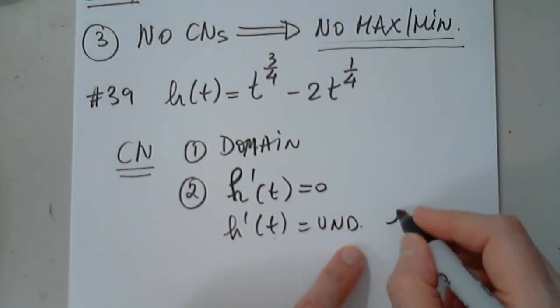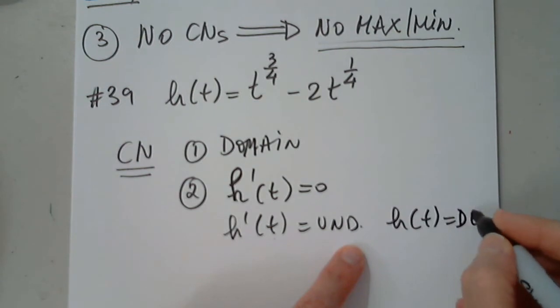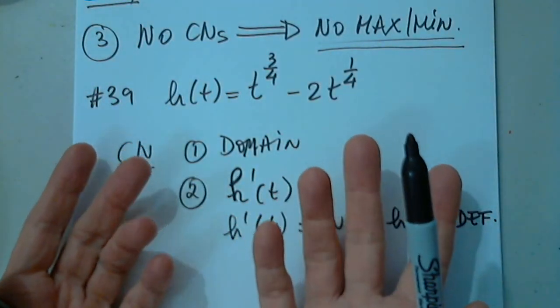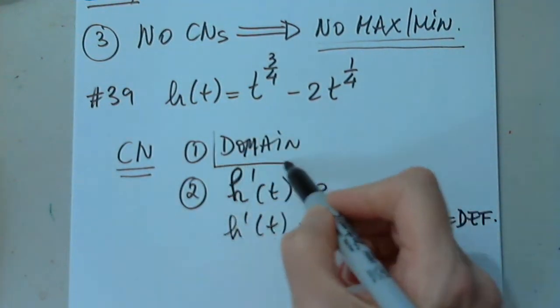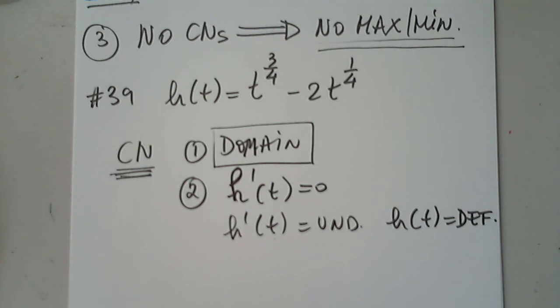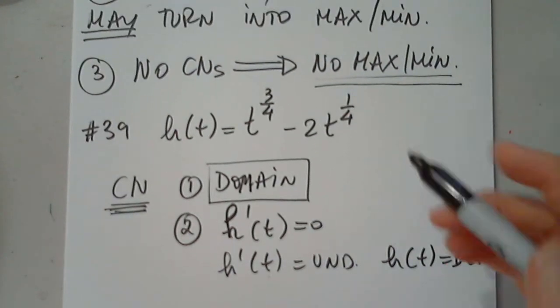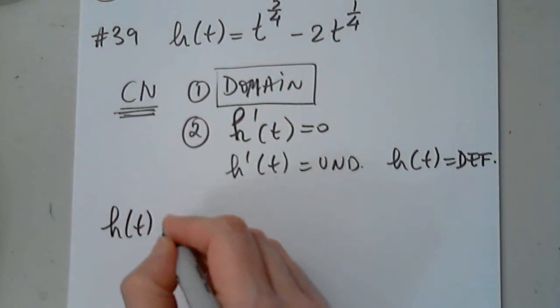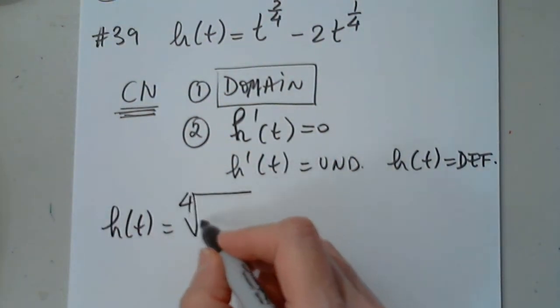But the function h of t has to be defined. And how do I know if I don't find the domain? So the domain is mandatory whenever I'm asked to find critical numbers. That's the first step. And you can say this looks weird, and I would agree that it would be nicer if I do this.